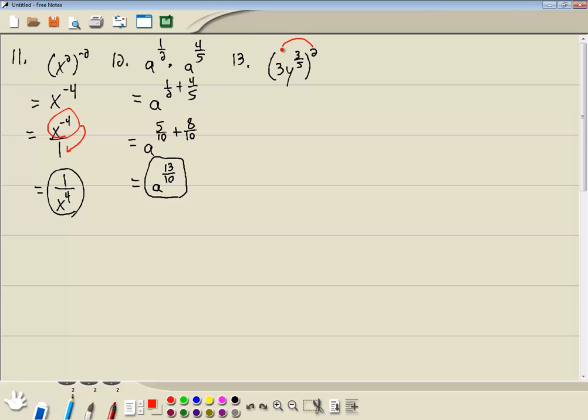So we're going to take the 3 to the second power and the y to the 3/5 to the second power. Now 3 squared is 9. And here, when you raise one exponent to another exponent, you multiply the exponents together. 3/5 times 2, you multiply 3 times 2, so that gives us y to the 6/5. And that's our answer.